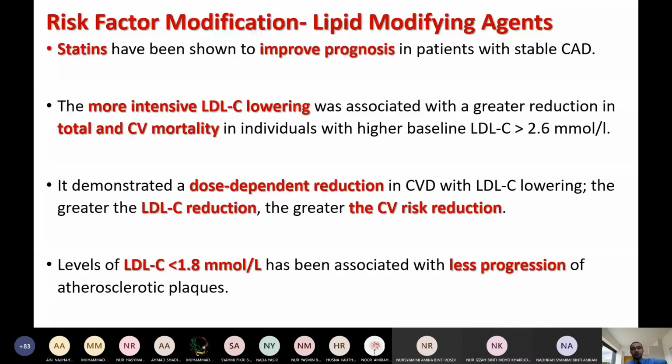No cardiovascular disease means primary prevention. So for those with primary prevention, 2.6 is okay. But for those with cardiovascular disease, the goal for LDL cholesterol should be 1.8 or below. Okay.